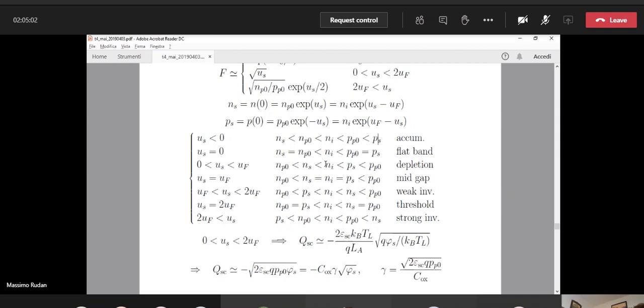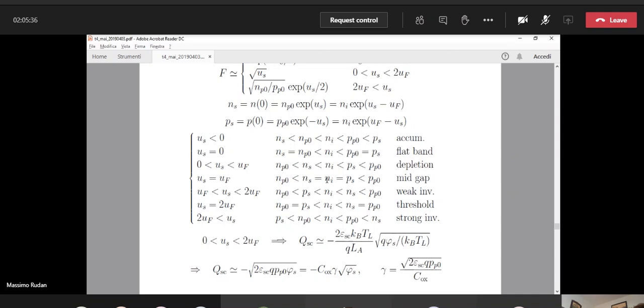If we keep increasing the voltage so that we bring US equal to UF, obviously from these last expressions we have that NS and PS become equal to NI. So at the surface, the concentrations of the electrons and holes are equal to each other and equal to the intrinsic concentration. So this is a situation that is similar to that of the intrinsic semiconductor.